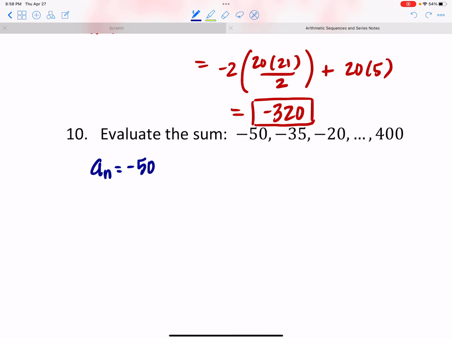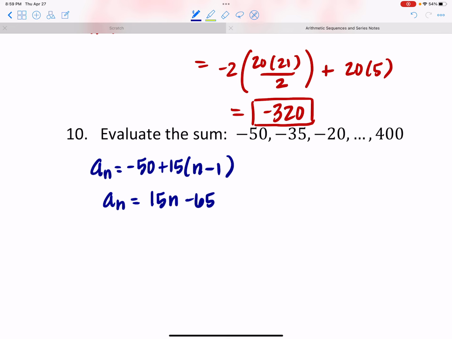So this will be plus 15 times n minus 1. Or the cleaned up version, my slope of 15 times n, plus if I subtracted 15 to go backwards, my like zero term that doesn't really exist on this list would be a negative 65. So there's my explicit formula in two different forms, whichever one you like.